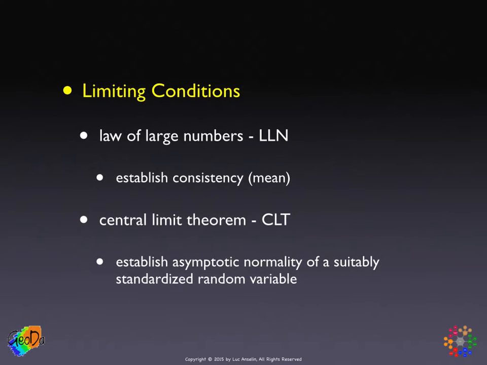The two building concepts that we use to work with asymptotics are what happens in the limit, and what happens in the limit in two important respects. First of all, what does this statistic or this estimator move towards? And this is encompassed in what we call the law of large numbers, or LLN.